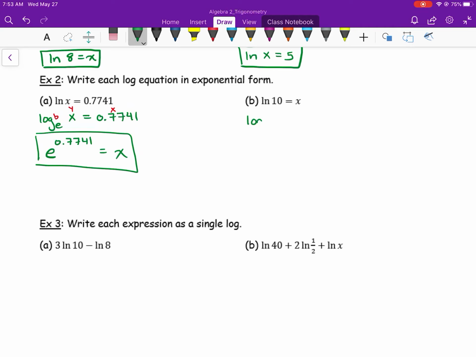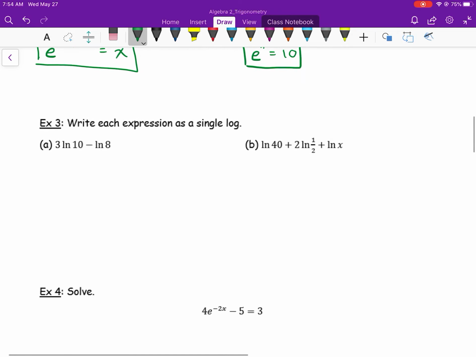Then for B, we have the natural log of 10, so log base e of 10 equals x. Okay, b, y, x. So b is e, so e to the x equals 10. Boom, converted.